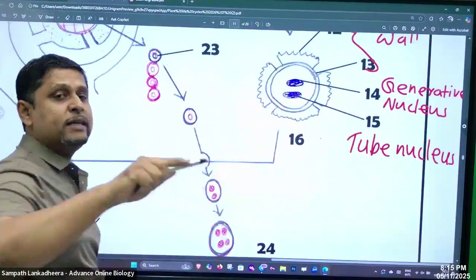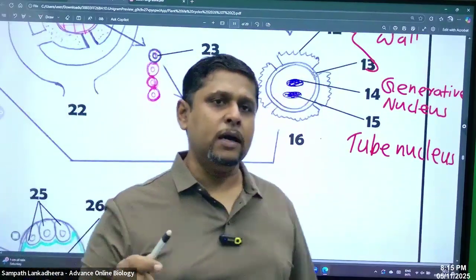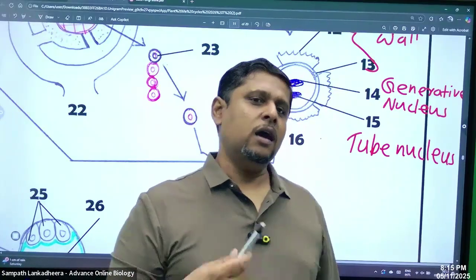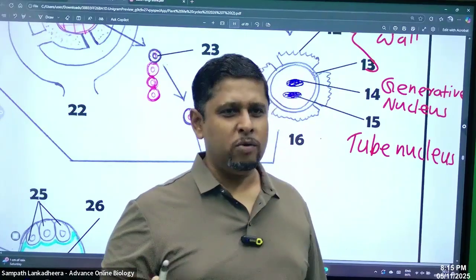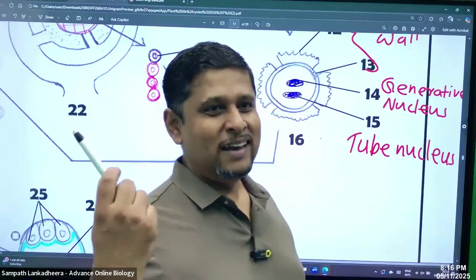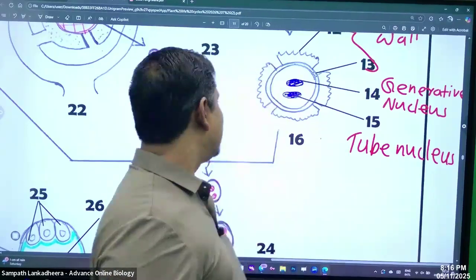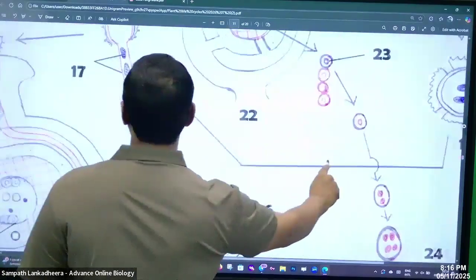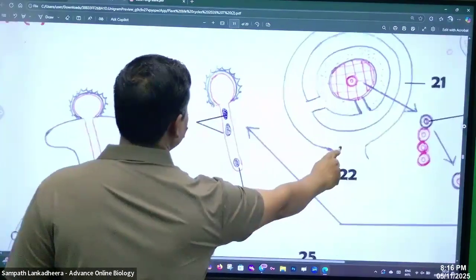The generative nucleus is going to divide and make 2 cells, and you call those 2 cells the male nuclei. The tube nucleus does not do anything. It just simply dies out. In the next stage you can see it clearly here.